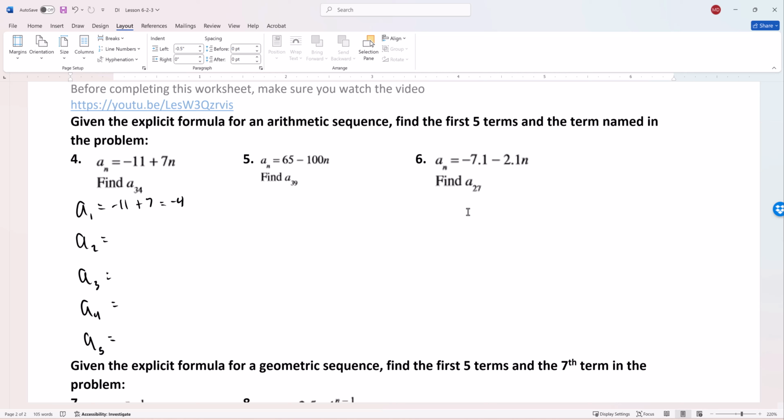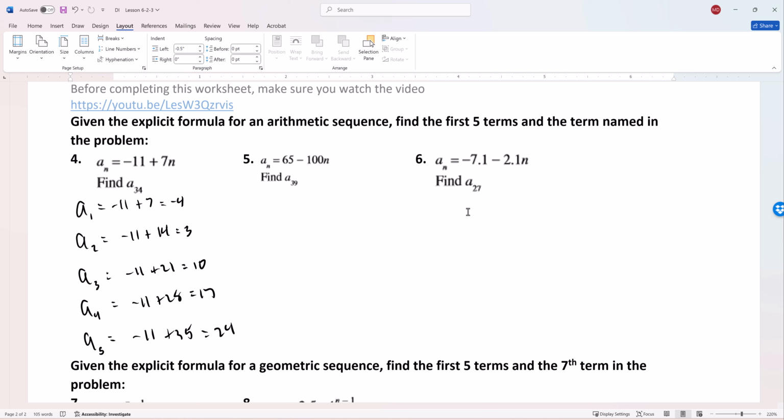If I plug in 2, that's negative 11 plus 14, which is 3. If I plug in 3, negative 11 plus 21, which is going to be 10. If I plug in 4, that's negative 11 plus 28, which is 17. And if I plug in 5, negative 11 plus 35, that equals 24. So those are the first 5 terms.